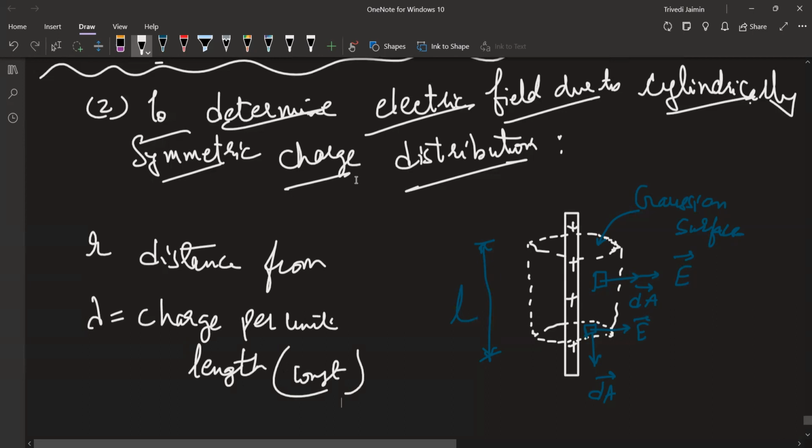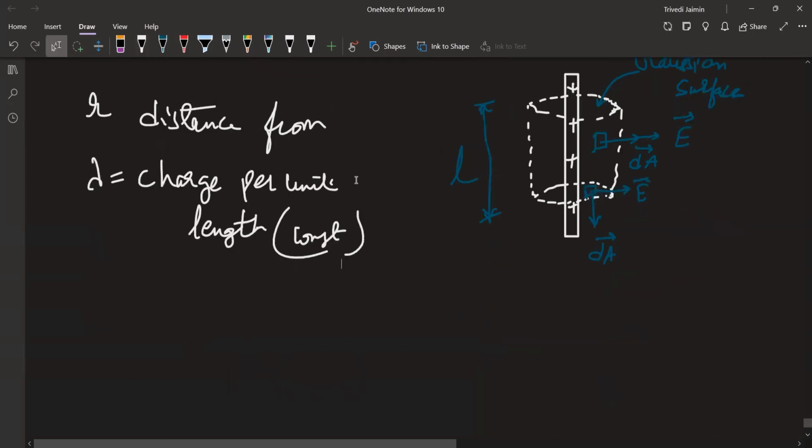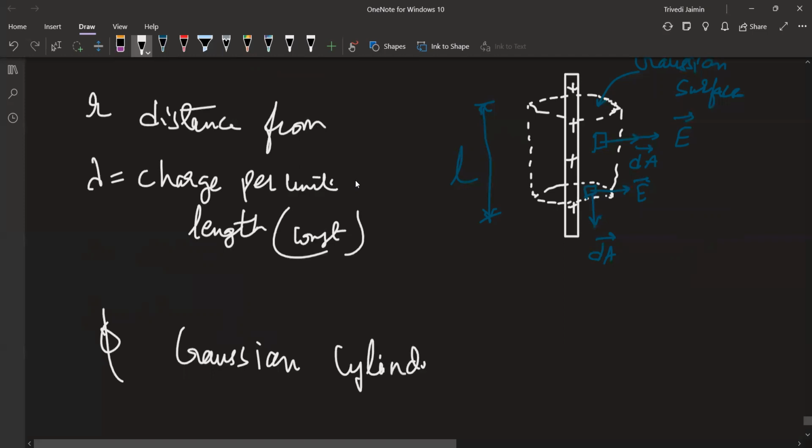And as this is a Gaussian surface or cylinder, so flux through Gaussian cylinder is 0.